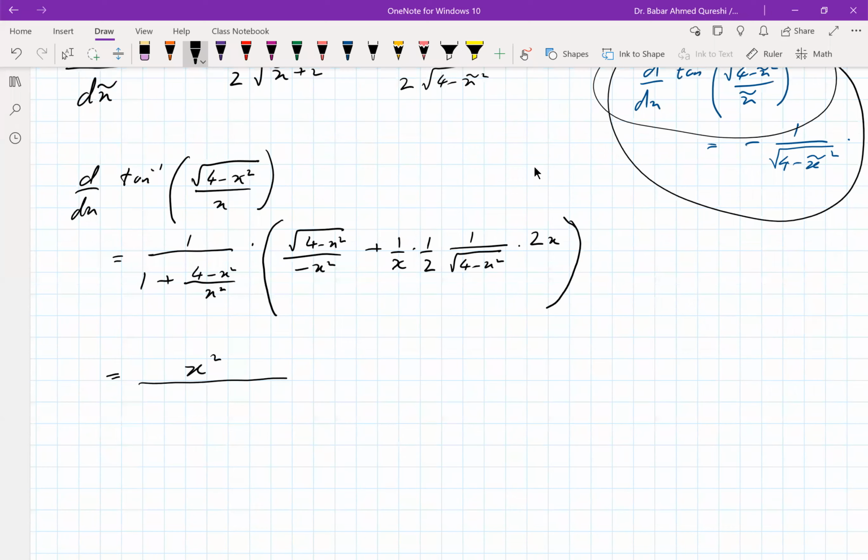So when I simplify this, x square goes up, and I have x square plus 4 minus x square. And I have square root of 4 minus x square over minus x square plus 2x, these cancel, x square. These cancel.